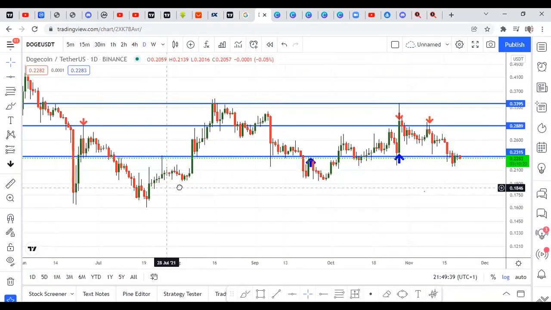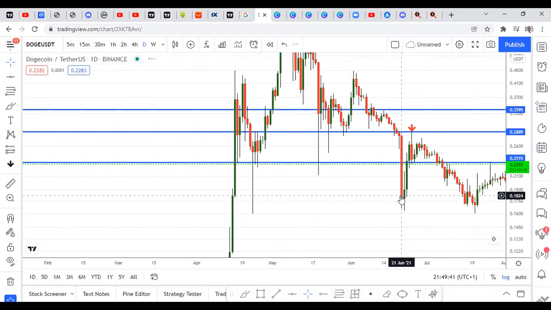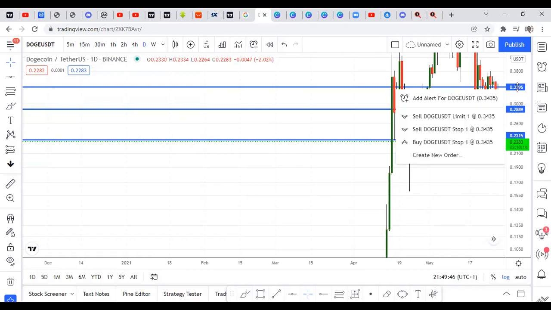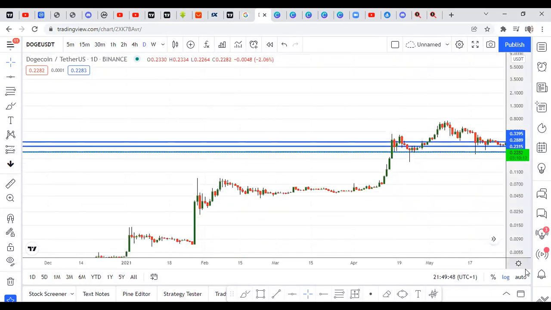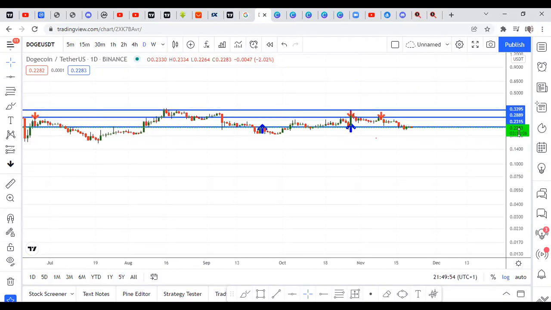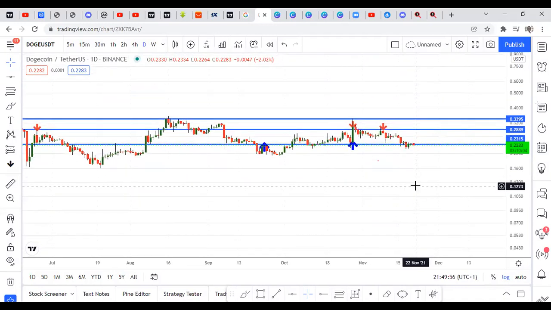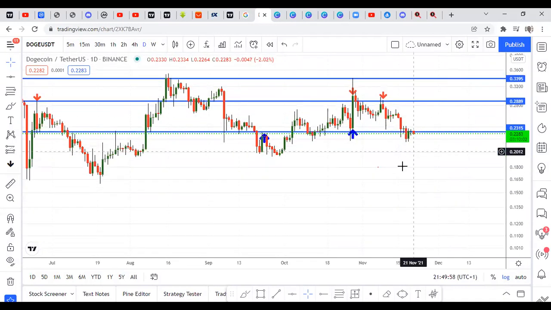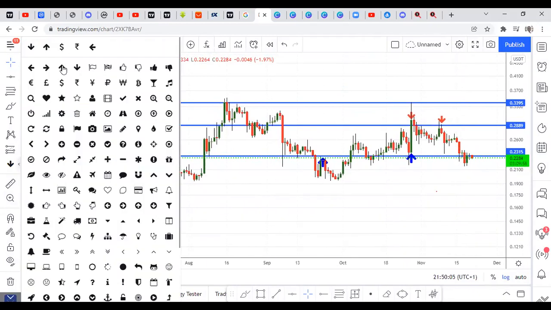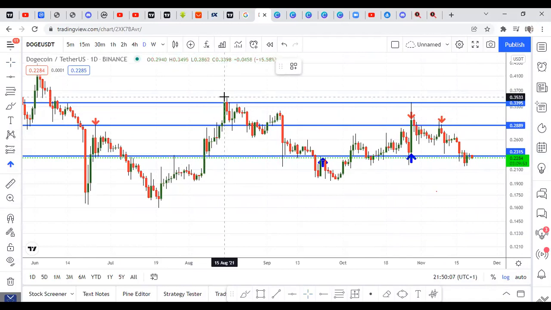If I go back a little bit, you see, these markets are all the same. If I go to my Euro USD, you will see the same thing, because people are always watching.